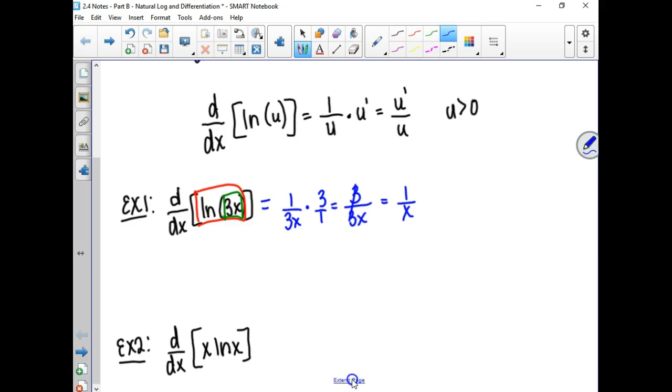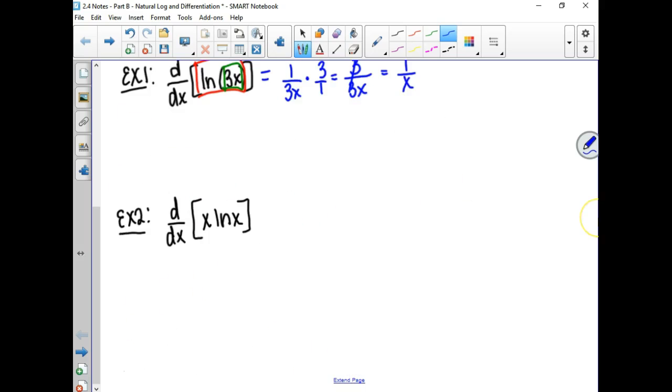Okay, so example 2, we're taking the derivative of x times natural log of x. What do we have to use here? Product rule, because we have two things that are multiplied together. So we're going to have x times the derivative of natural log of x, which is 1 over x, plus natural log of x times the derivative of x, which is just 1.